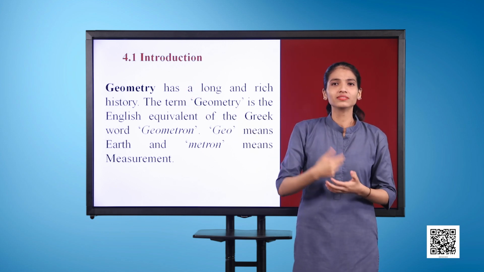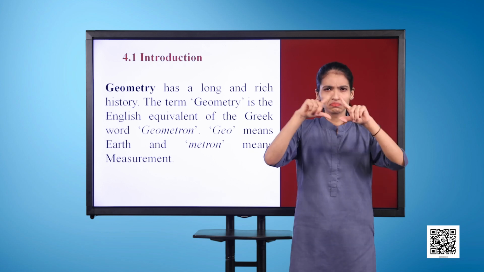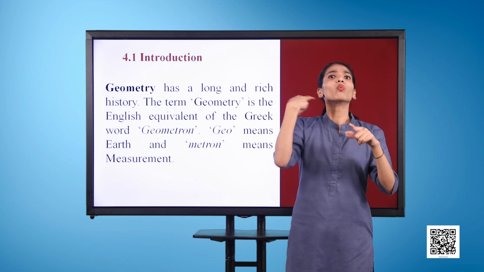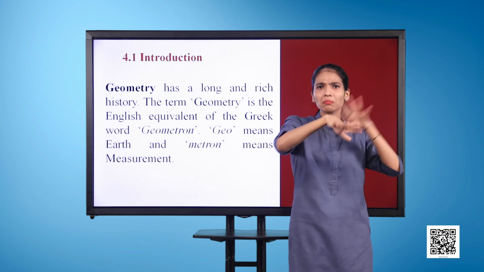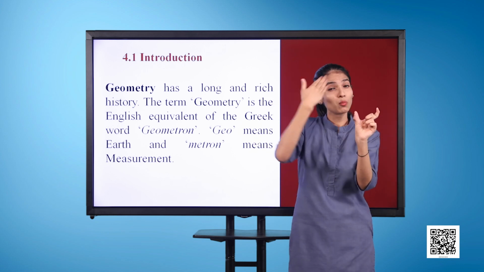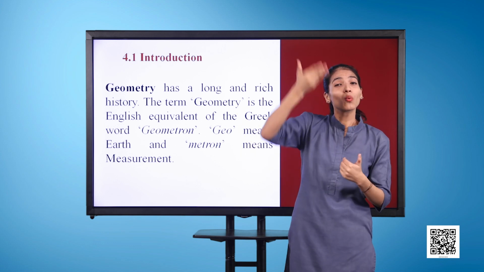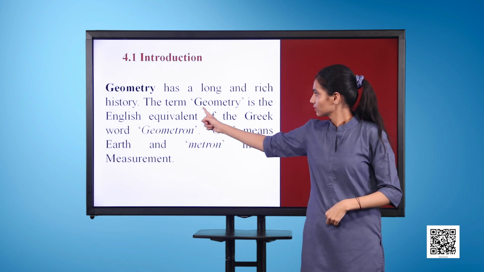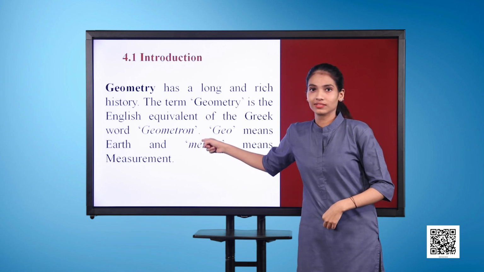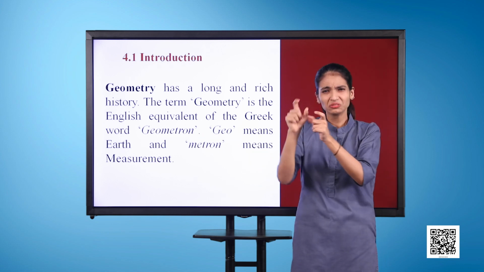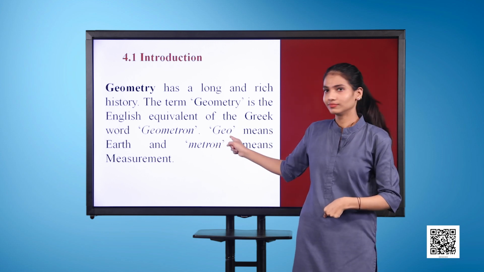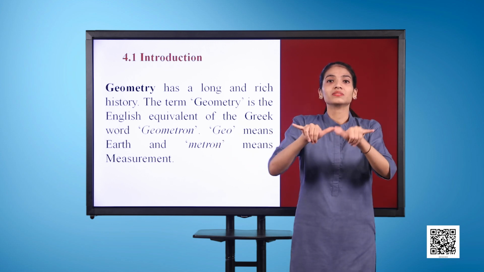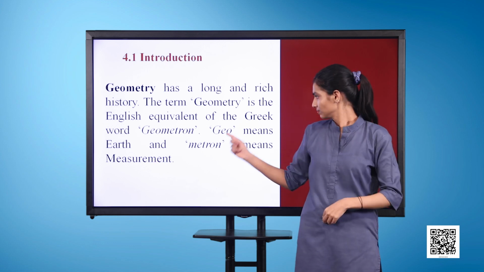Geometry has a long and rich history. The term geometry is the English equivalent of the Greek word geometron. Geo means earth and metron means measurement.